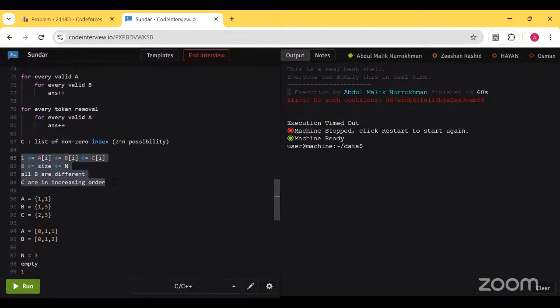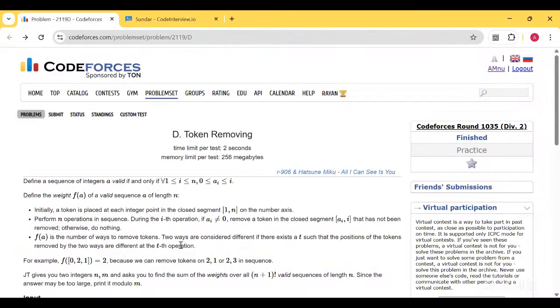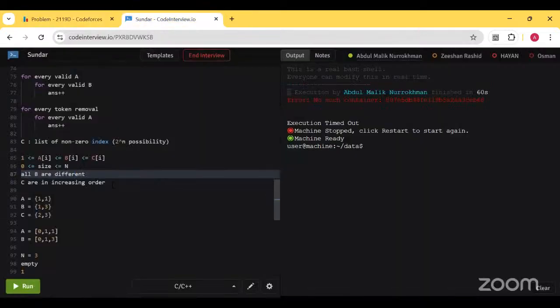Okay. Make sure you understand why this problem is equal to calculating the number of configurations of A, B, C satisfying this. After we know this, we can easily solve it using DP, right?